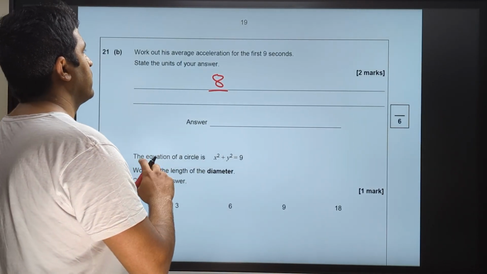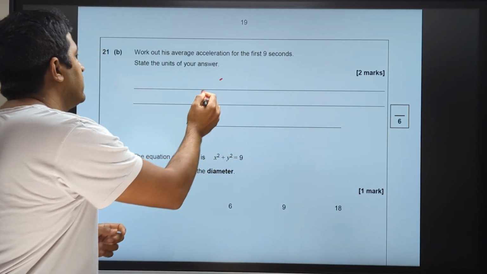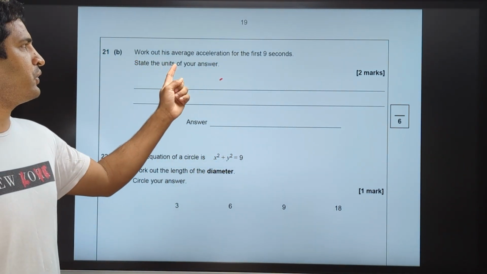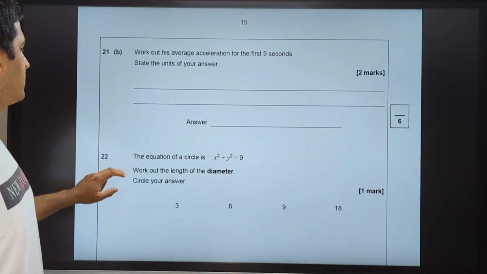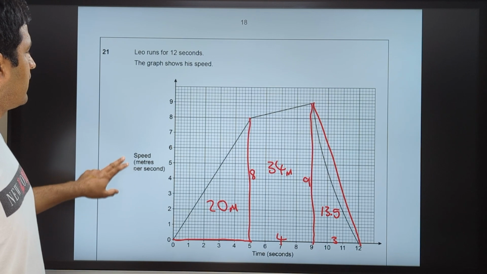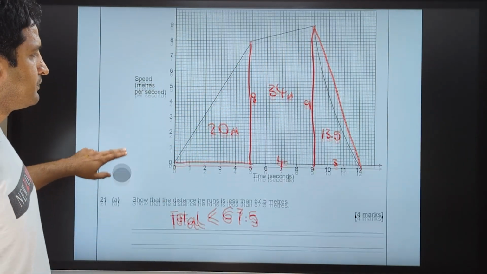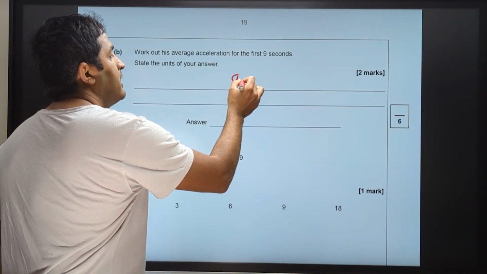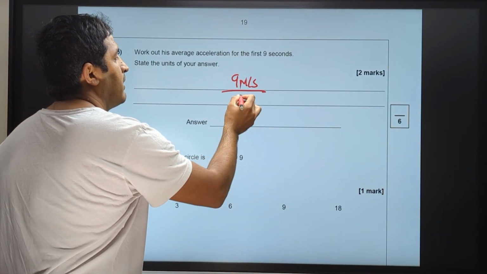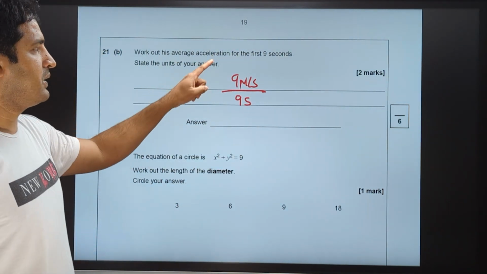Acceleration, average acceleration for the first 9 seconds, not just the first part. Make sure you read the questions carefully, state your units for your answer. So in the first 9 seconds, what was the speed? The speed at 9 seconds was 9 meters per second, divided by 9 seconds. So what we get here is 9 divided by 9.